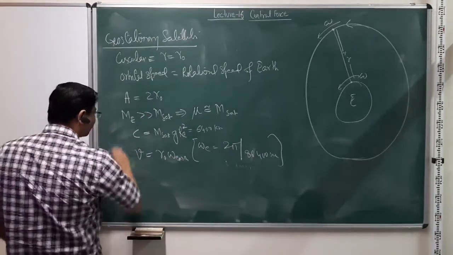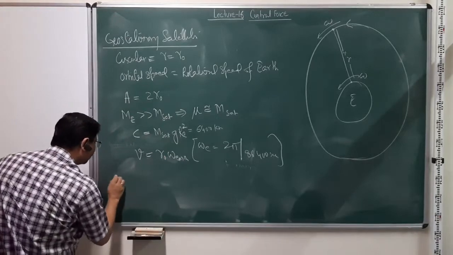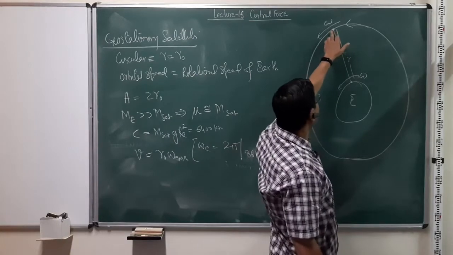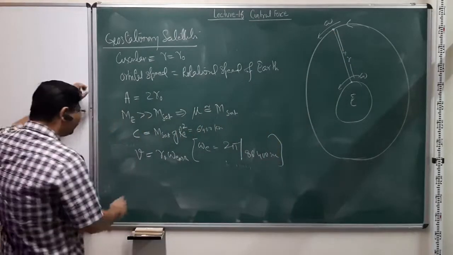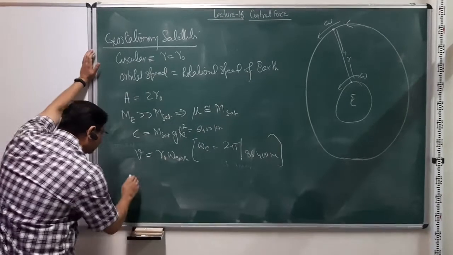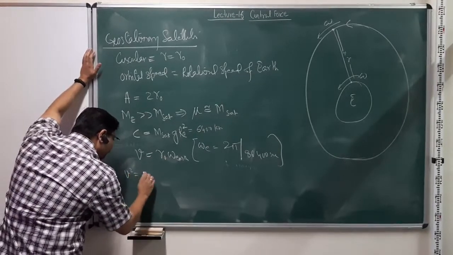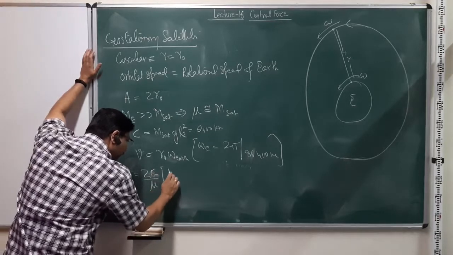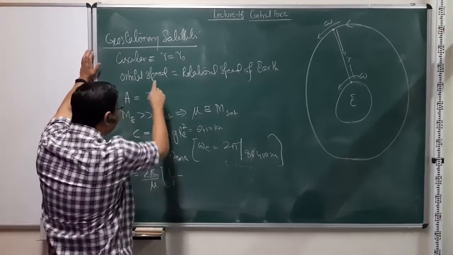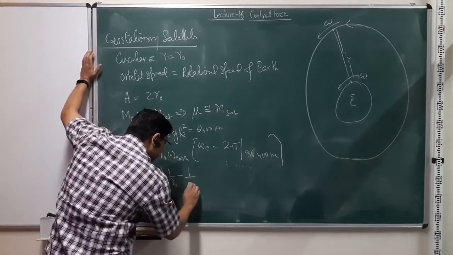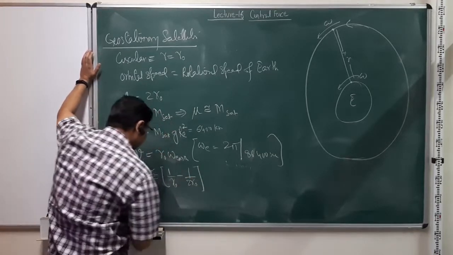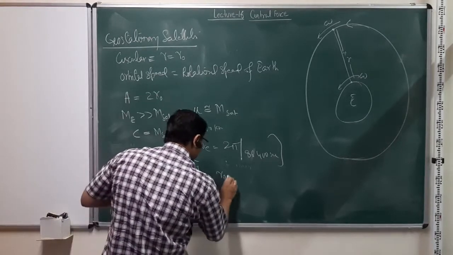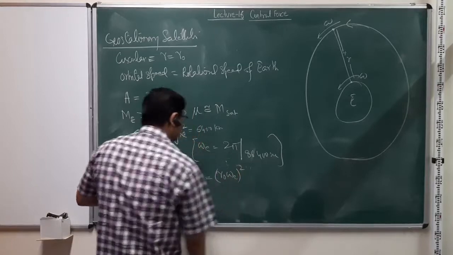So now, with all these values, we can use the expression we derived for orbital velocity and then equate it to the angular speed of Earth. So we know that v square is 2 over mu, 1 over r minus 1 over a, which is now, so r0 to r0, right? And this is equal to r0 omega square.